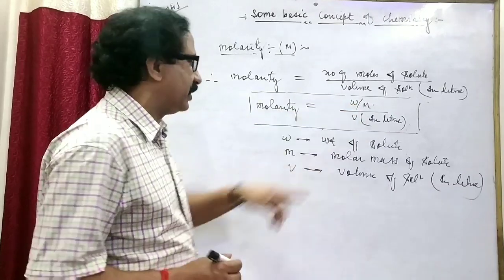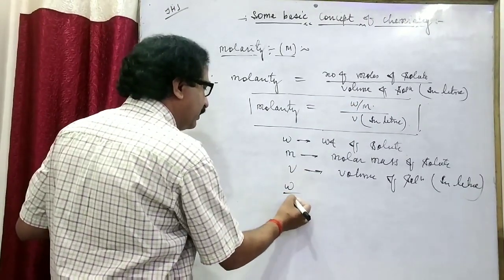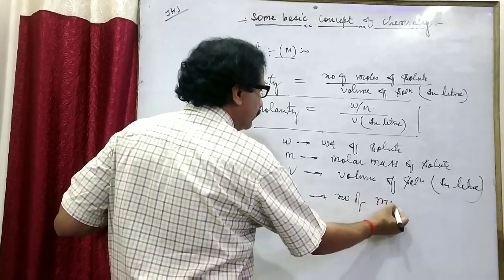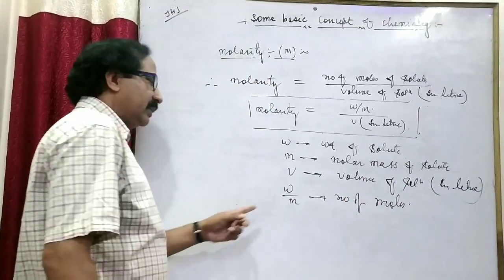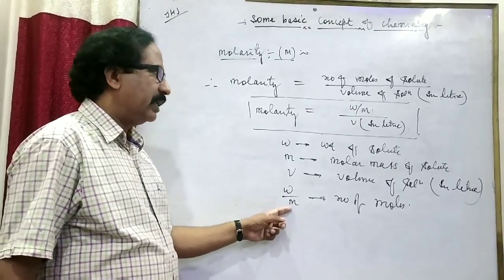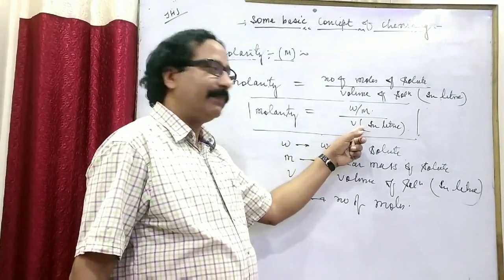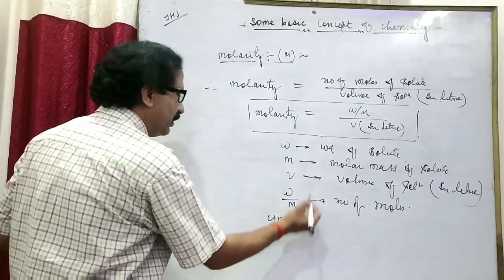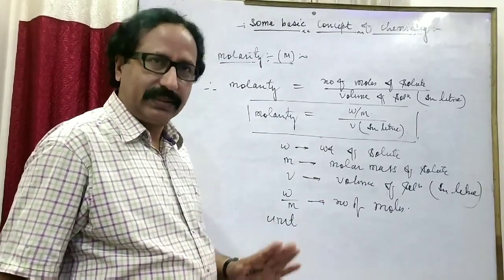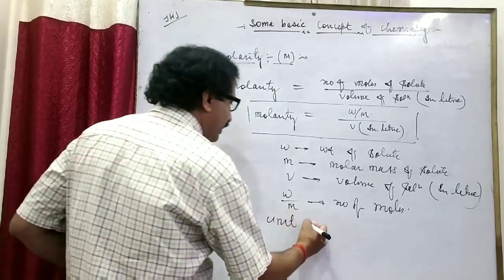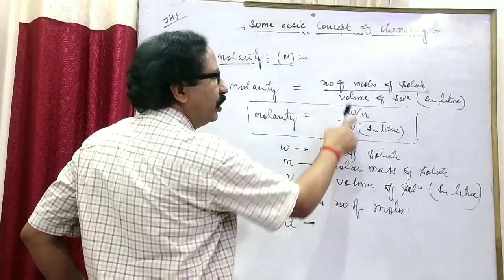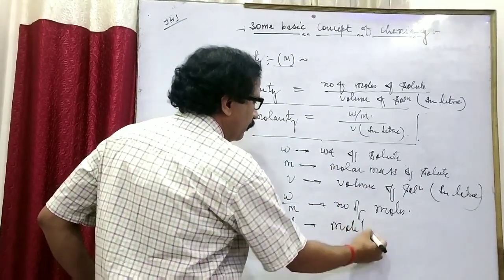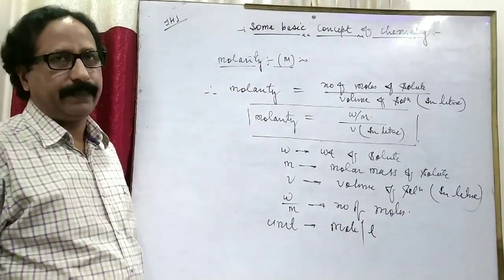Since W upon M indicates the number of moles of solute, and the volume is given in liter, its unit must be mole per liter.